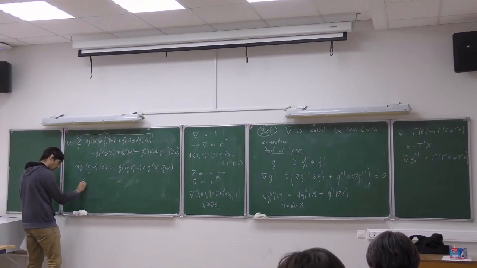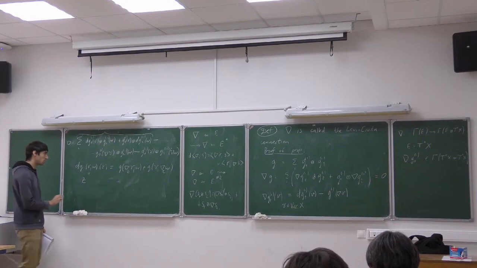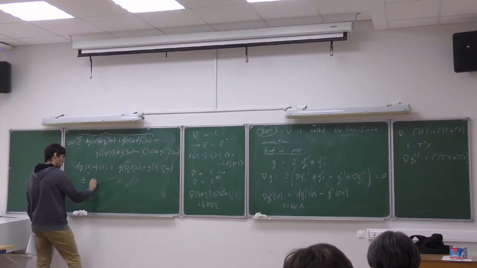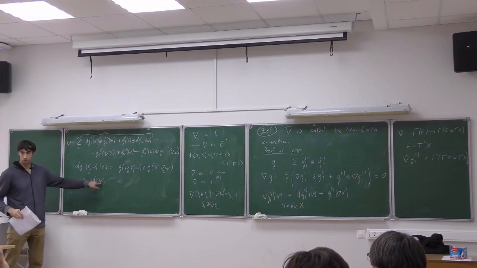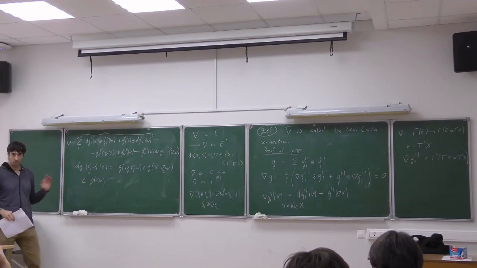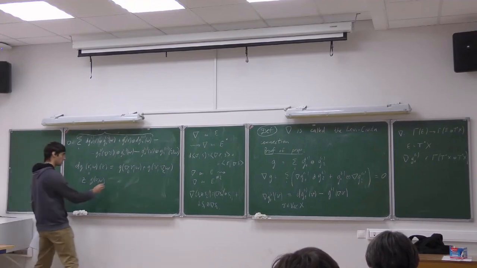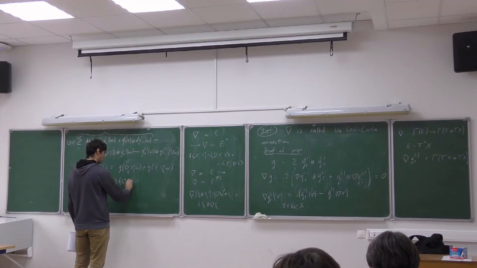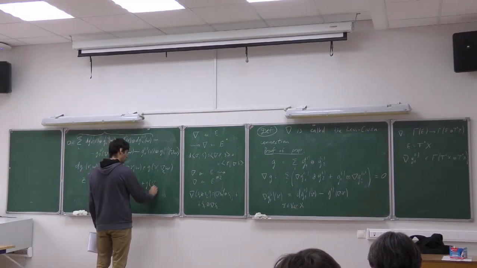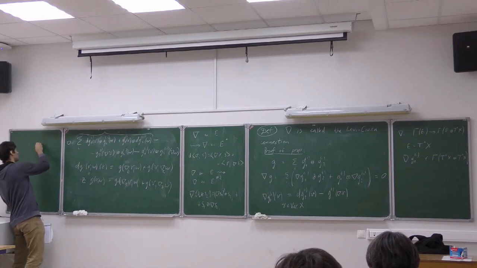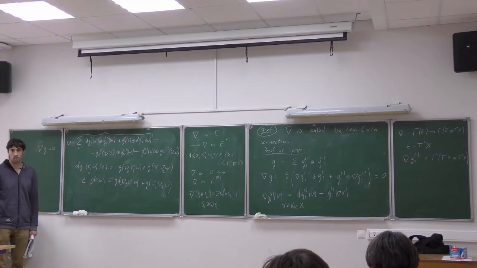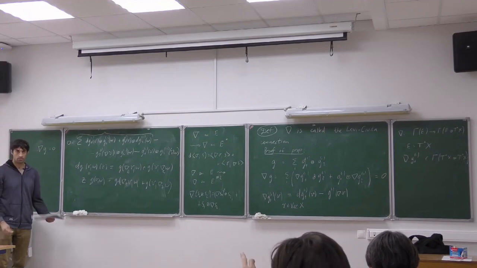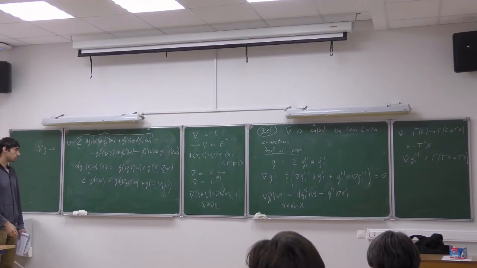It is actually the vector field Z applied to the function g of V W. So I take g, put inside two vector fields, get a smooth function, and differentiate it in the direction of Z. Then this equals g of nabla Z V W plus g of V nabla Z W. So this condition is actually the same as this condition for any three vector fields V, W and Z.